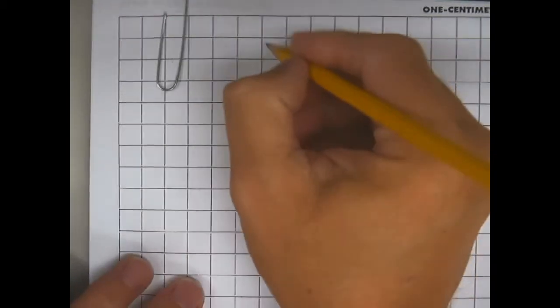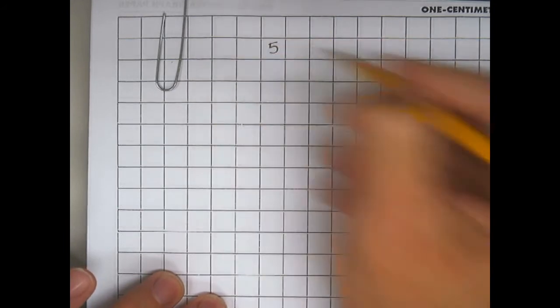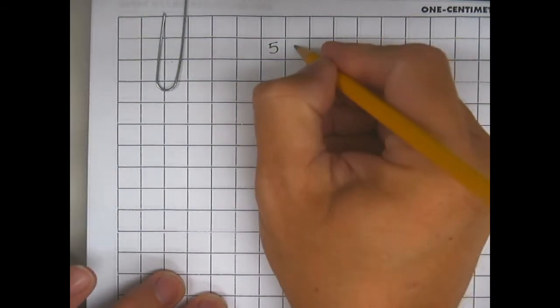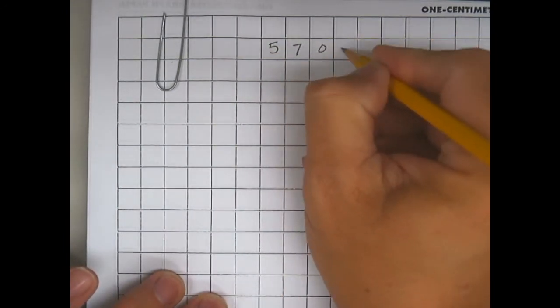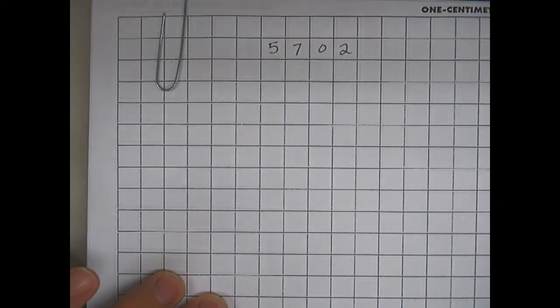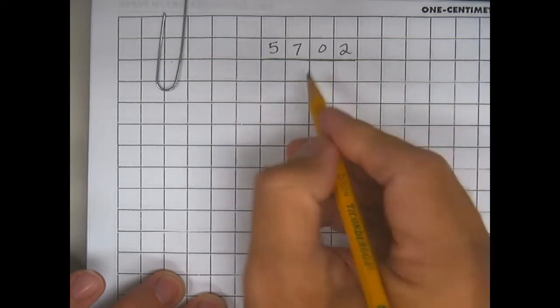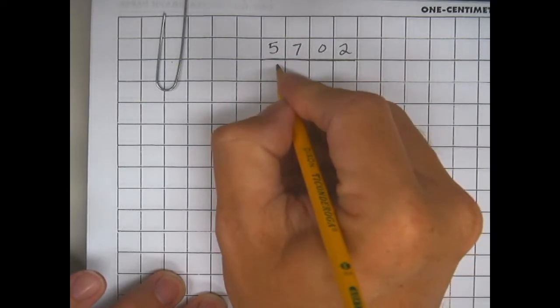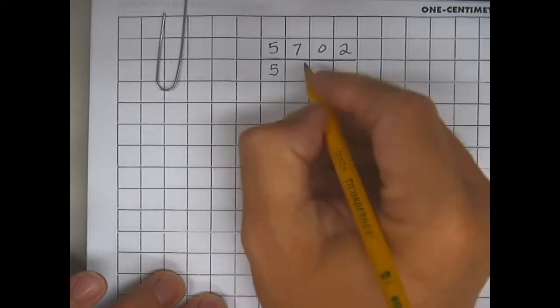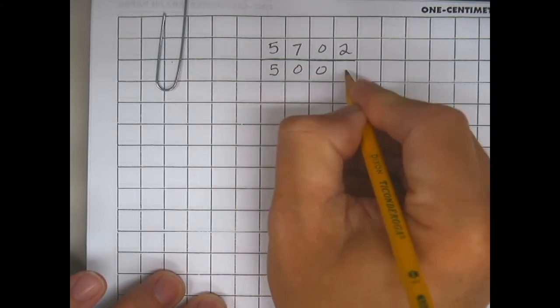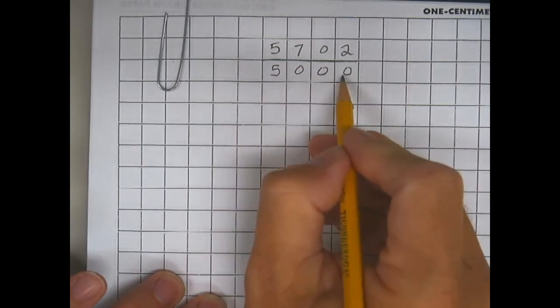So if I look at the number 5,702, what I'm going to do, draw a line under here, and I'm looking at this 5, so that is my 5 right there, and I'm adding zeros everywhere else. There's 5,000.